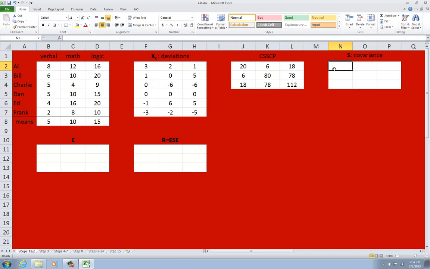Now the last part of step 1 is getting the covariance matrix, which I have labeled S, and it's obtained by dividing the CSSCP matrix by the degrees of freedom, which in this case is 5 because we have 6 people, so you subtract 1, and it's 5. And we talked about this one in video 3.9.